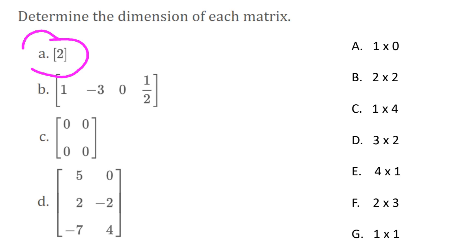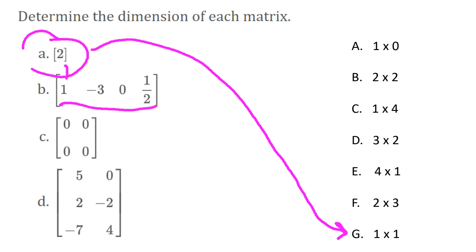We only have one row. And how many columns? We only have one column. So this is going to match with a 1 by 1. And then the second one, we have one row. And then we have 1, 2, 3, 4 columns. So that's going to be a 1 by 4, which is right here.